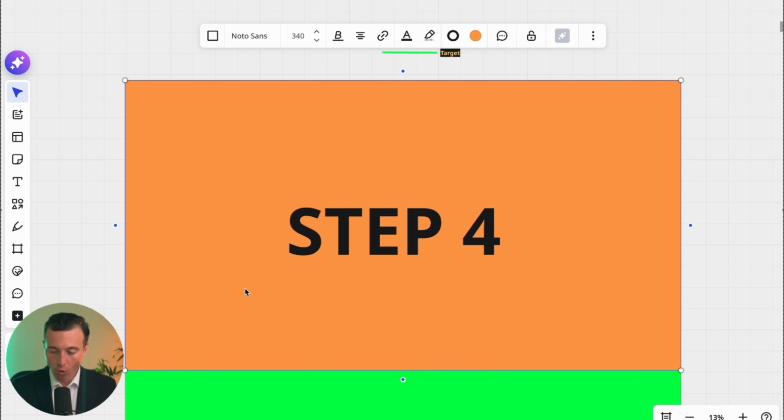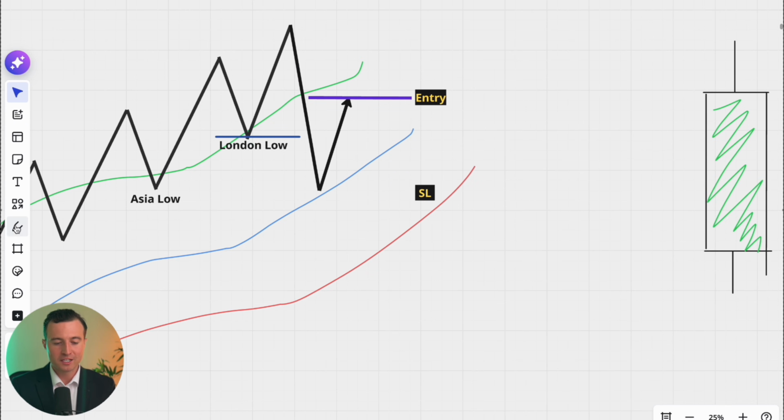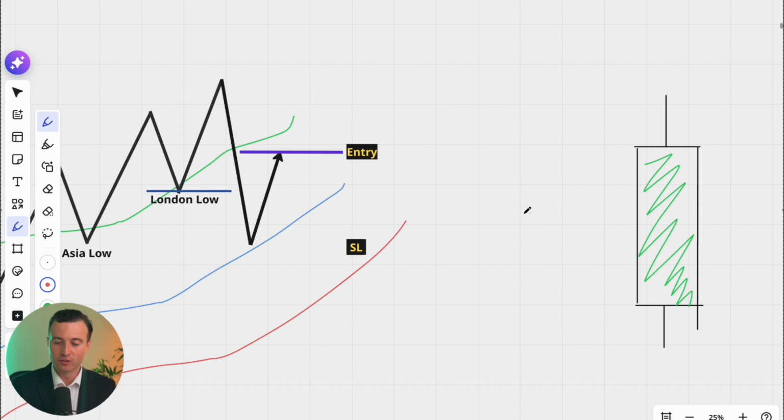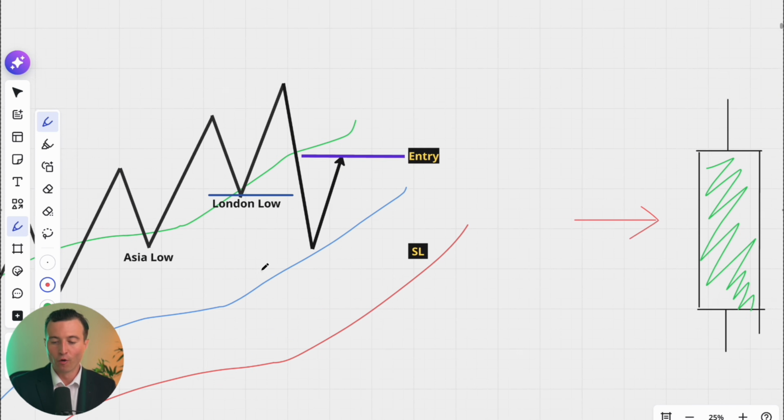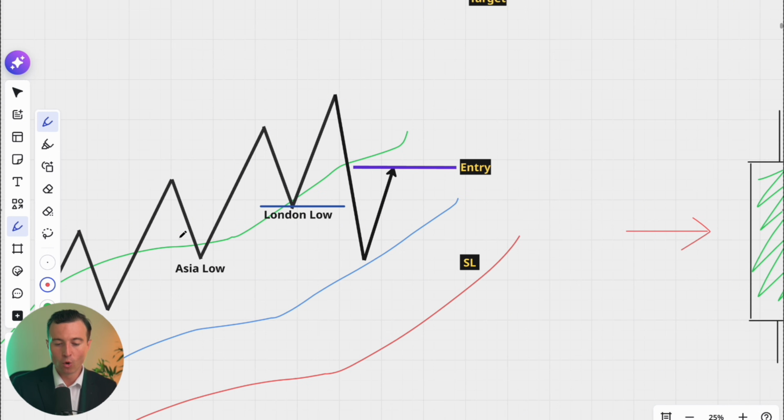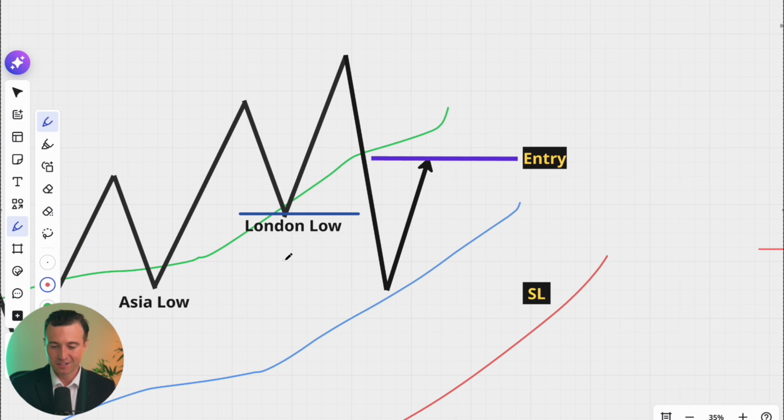Step 4 will allow you to know where to place your stop loss and where to place your take profit. And so once you have seen a valid confirmation right here, so a bullish confirmation during a New York kill zone after you have seen a liquidity sweep, your entry, as I said, is on the break of the 15-minute bullish candle high. Your stop loss will go below the liquidity sweep low.